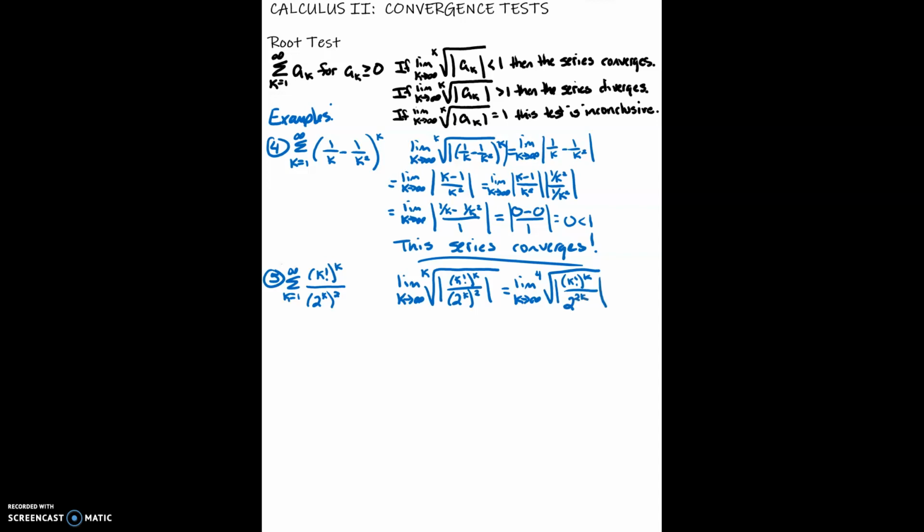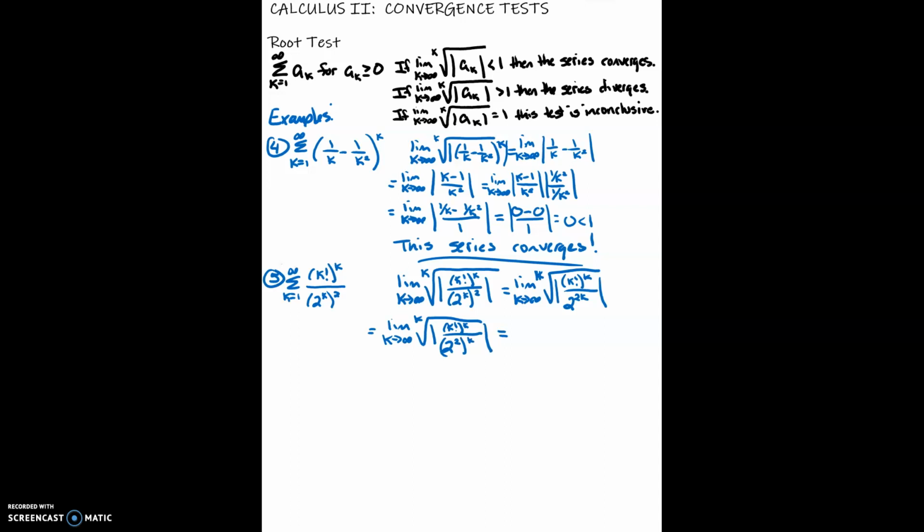Power to a power, we multiply those exponents. But now I can undo that multiplication. Multiplication is commutative, if you will. By the way, that should be a k. That gives us (2 squared) to the k.